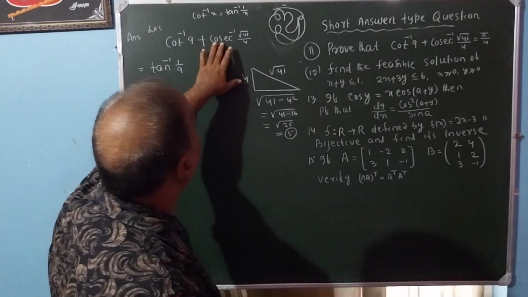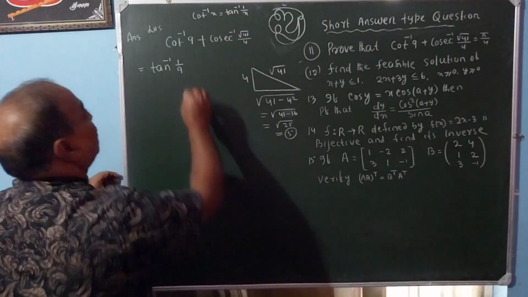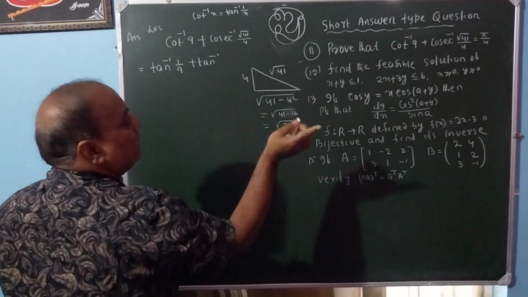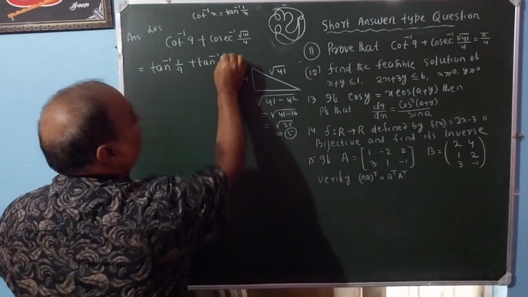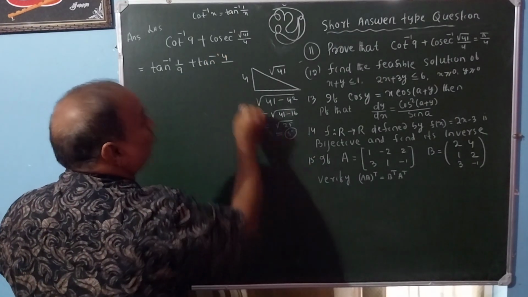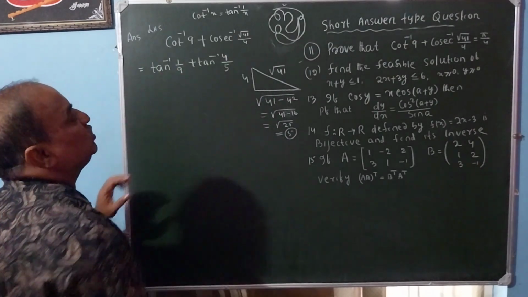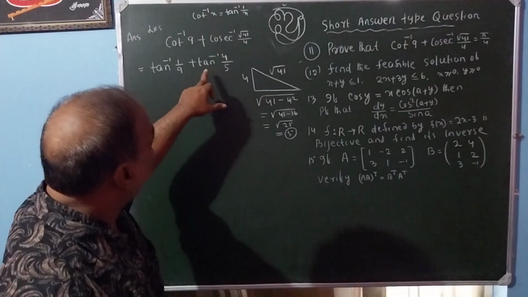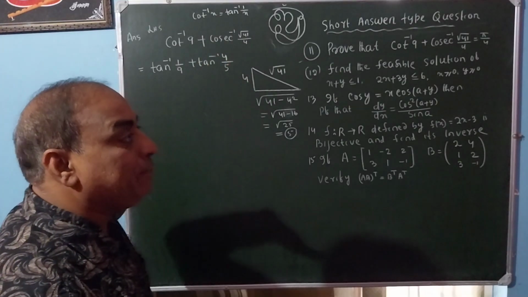Now our aim is to convert this to tan inverse, so write down tan inverse P by B. P is 4, B is 5. So cosec inverse root over 41 by 4 is converted to tan inverse 4 by 5.